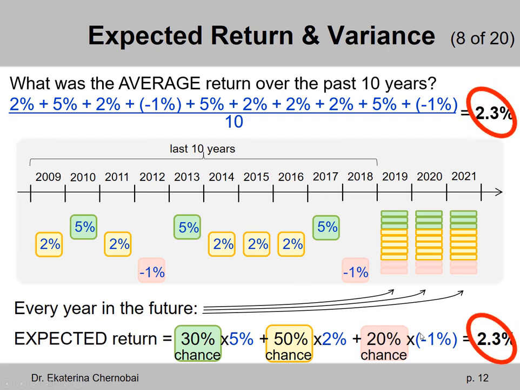And we only have a negative 1% 2 times in the historical average return formula. So this slide illustrates that the expected return is like the simple average of all possible returns, in this example 5% or 2% or minus 1%, correctly accounting for how often this or that return would be occurring.